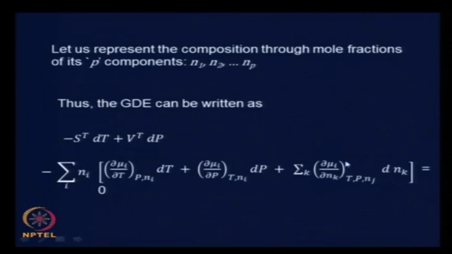Since you have p species here, represented by the mole numbers, this is actually the number of moles, not mole fractions, n1, n2, np and so on, you will have to sum over each one of them and that equals 0 here. Let us call this equation 4A2.